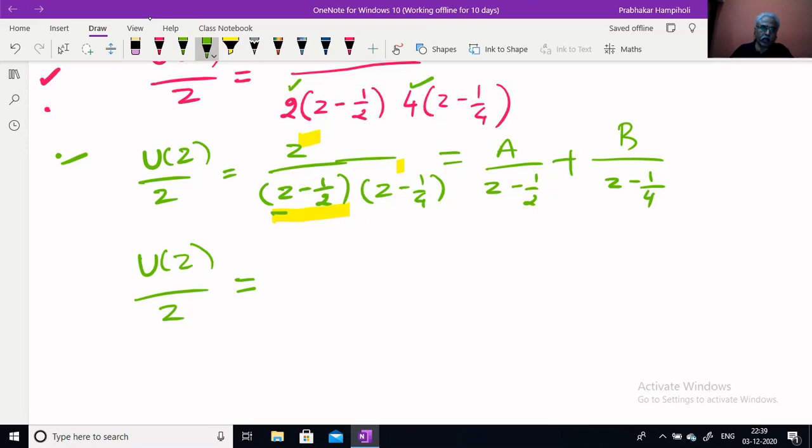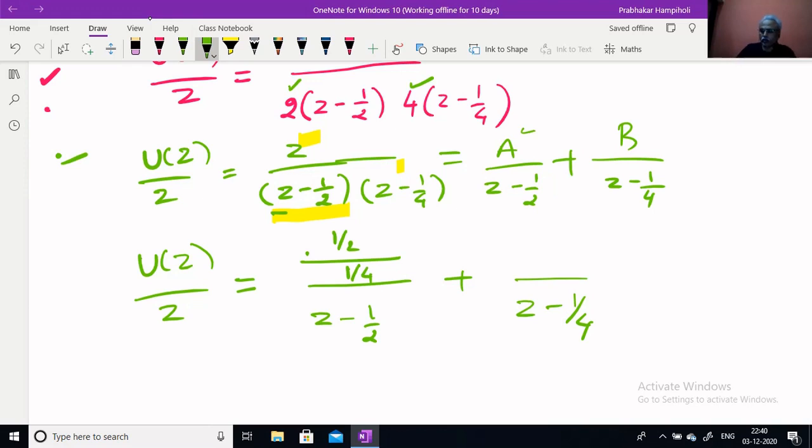So what we are going to get, let us see. If you put z equal to half, in the first, for A I am writing this z minus half. Similarly, we shall find B also. First of all, I will concentrate on A. To find A, leave this part z minus half and put half here and half here. Half minus 1 by 4, it is 1 by 4.